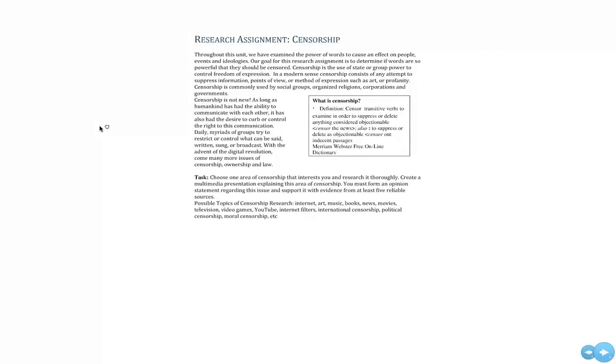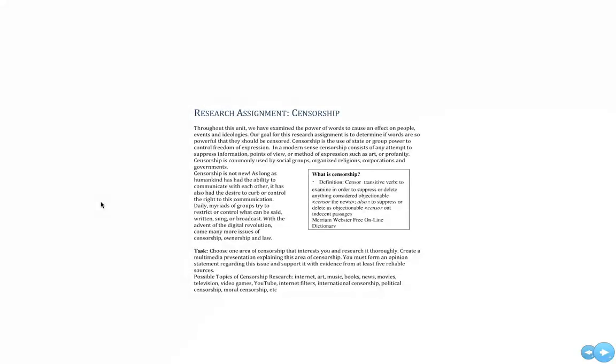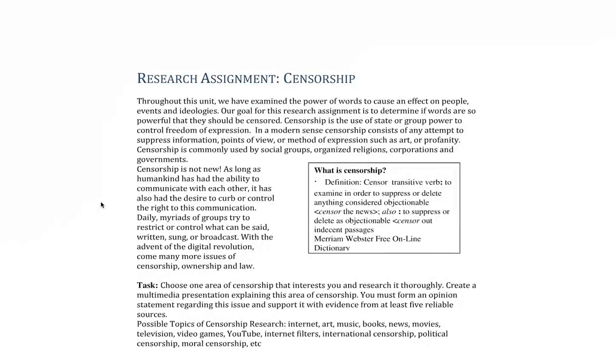Now, this is one of the assignments that was in Unit 9, designed for 8th grade on censorship. They were to choose one area of censorship that interested them and research it thoroughly, to create a multimedia presentation explaining this area of censorship, forming their own opinion statement regarding the issue, and supporting it with evidence from reliable sources.